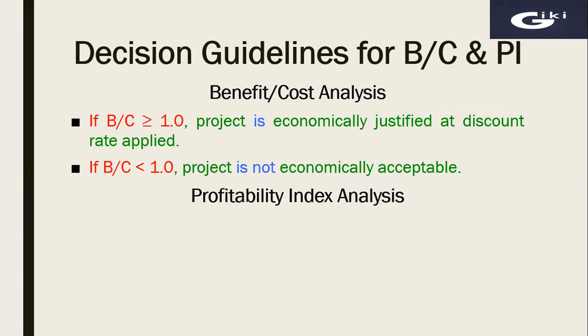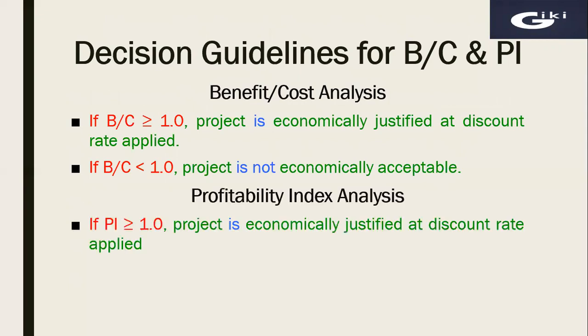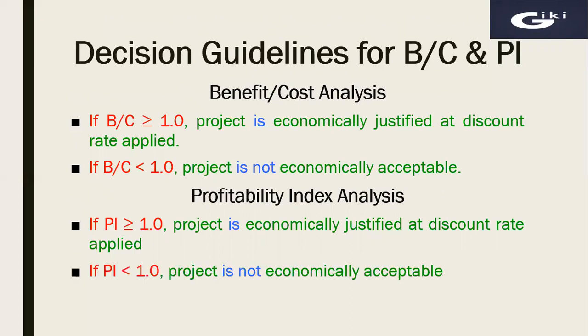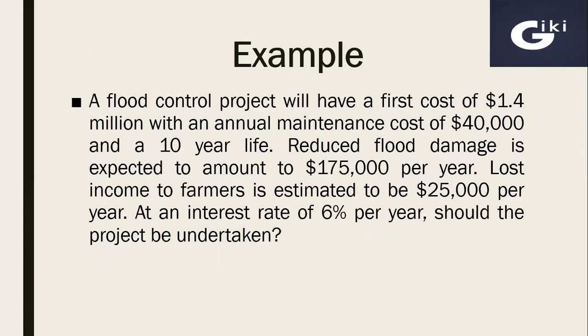And similarly for profitability index, if profitability index is greater than or equal to 1, project is economically justified at the discount rate applied. Otherwise, if profitability index is less than 1, project is not economically acceptable. So these are decision criteria for selection of a public sector project on the basis of benefit cost analysis and profitability index analysis. Now let's take few examples.